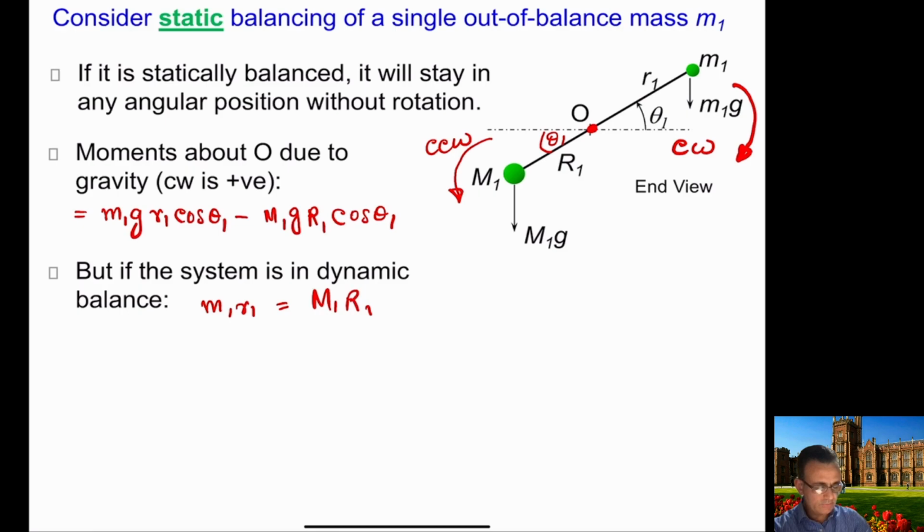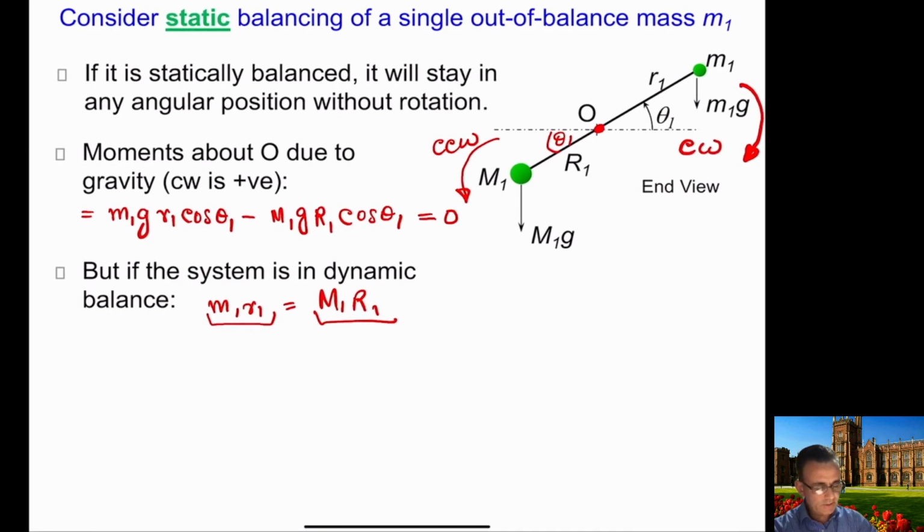So this was the dynamic balancing condition for this one mass system. If you put capital M1 R1 equal to small m1 r1 in this equation, then the net moment will be equal to 0.